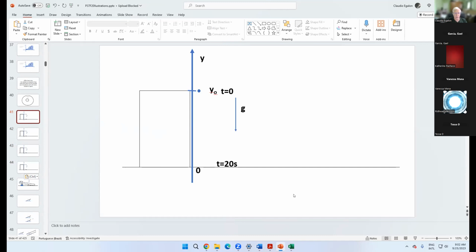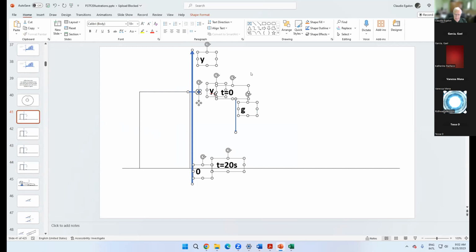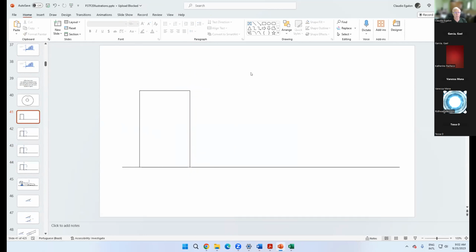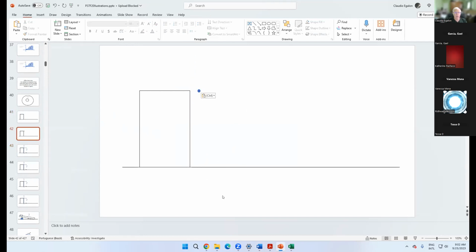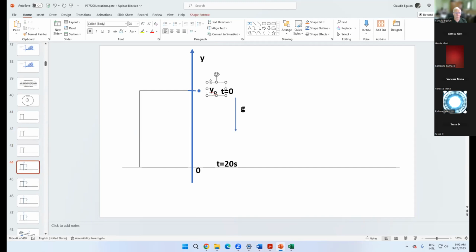Okay, so suppose that you have a building, just like that. At the top of the building, you have this object that you're going to release from the top. And releasing from the top means what? The initial velocity is going to be equal to 0.